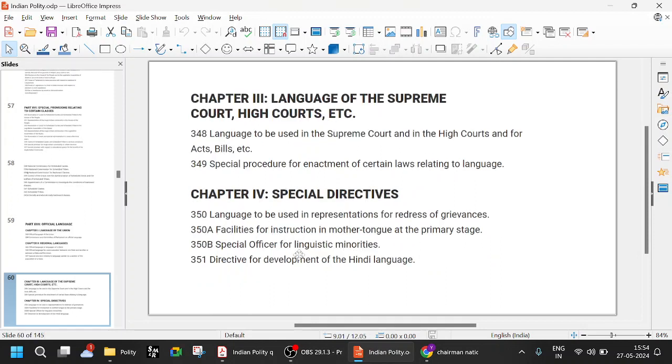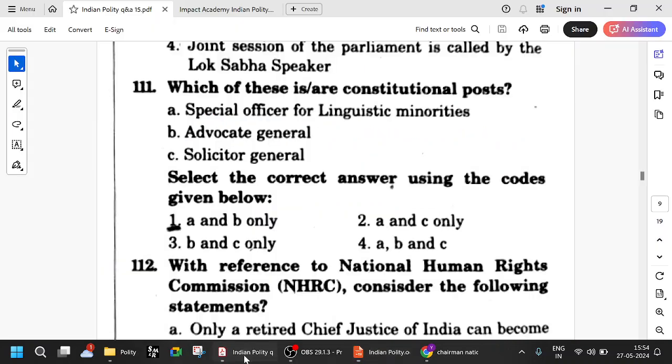Then 350B is Special Officer for Linguistic Minorities. Remember that 350B. 351 is Development of Hindi Language. So it is mentioned in the Constitution, so it's a constitutional post.